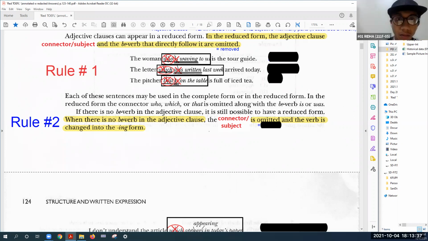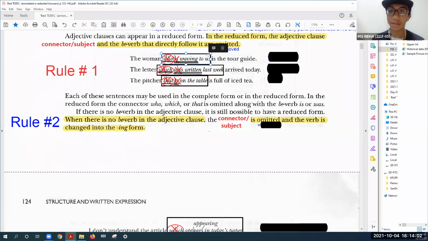All right, Rida, start with the example. The woman who is waving to us is the tour guide. Now, what's in the box? Team adjective. Yeah, so everything in the box is a team adjective, right? We have the who. Is this just a connector?